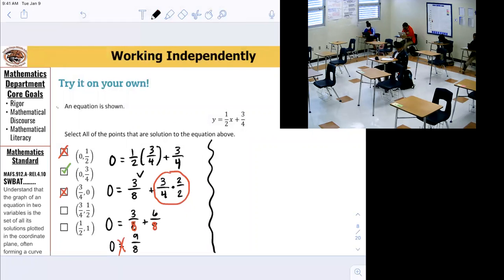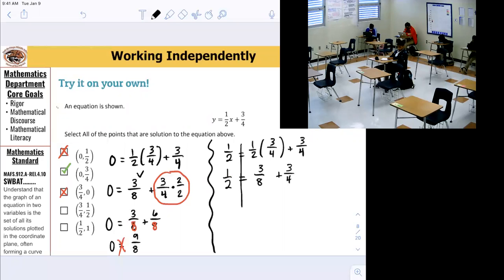So now what am I plugging in for y for answer choice D? 1/2 goes in for y. And then 3/4 goes in for x. So we're kind of doing the same thing that we just did, right? Okay, so we already know that this is going to be 3/8.